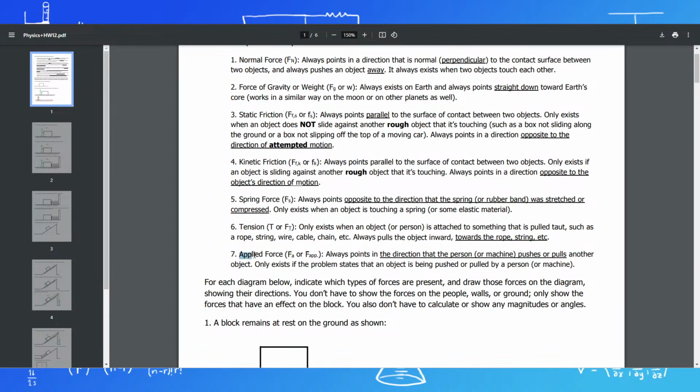So applied force isn't really a real class of force. It's just what we call the normal, tension, or friction force that we are using whenever it's being used to move an object intentionally.